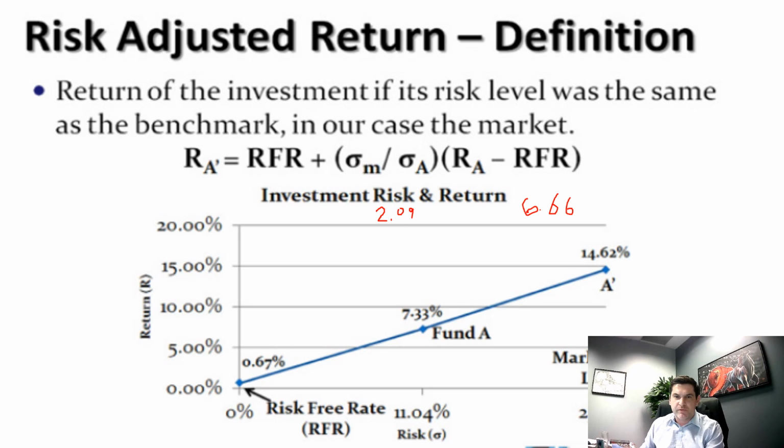Then the next step is that we're going to multiply the two, so the 2.09 by 6.66, and that will give us 13.94. And then we're going to add the risk-free rate back onto that 13.94, which is going to give us this number right here, the 14.62.